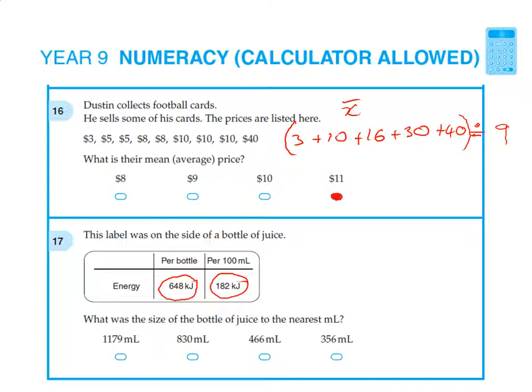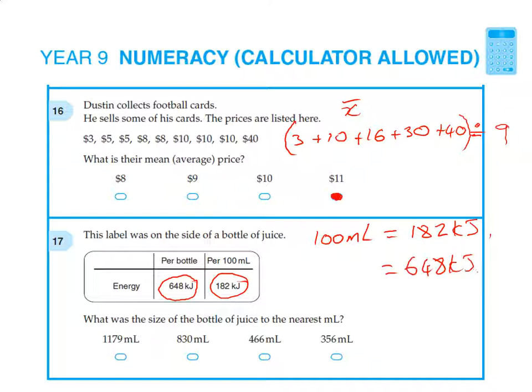So what was the size of the bottle of juice to the nearest milliliter? So you need to work out, because it's a bottle, it contains 648 kilojoules. So what I know is 100 milliliters gives me 182 kilojoules.